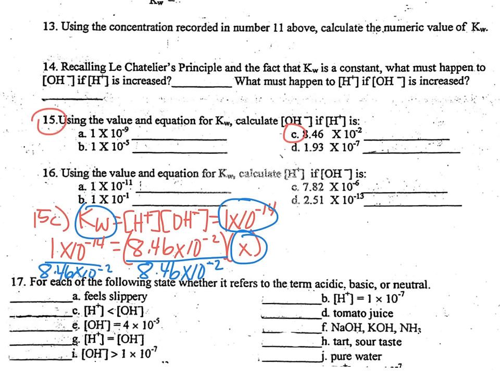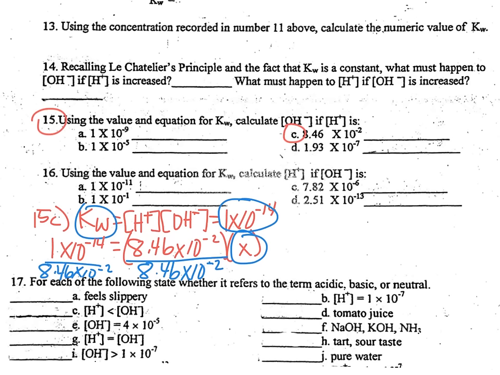Okay, so now let's put this into our calculator and see what we get. I'm actually using the calculator on my phone. Let's see if I can use the exponent key correctly. So 1, exponent, negative 14. That's going to be divided by 8.46, exponent key, negative 2.